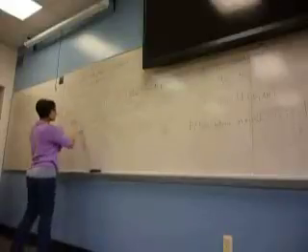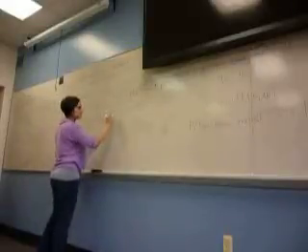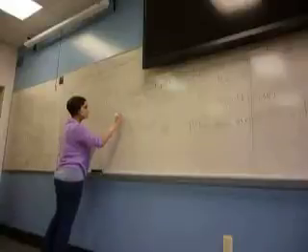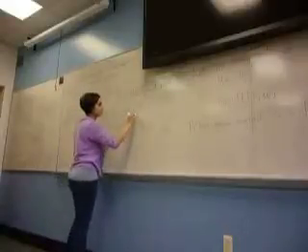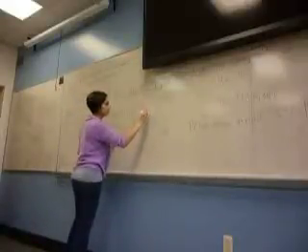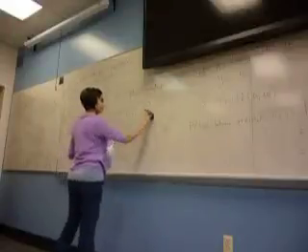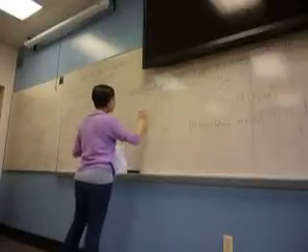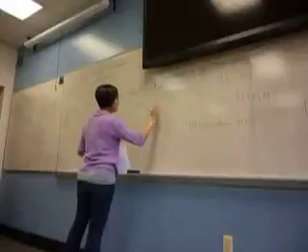And what does this mean? It just means that this is the probability that x1 takes the value x1 and x2 takes the value x2, x3 takes the value x3, and xn takes the value xn. That's the definition of the joint probability mass function.